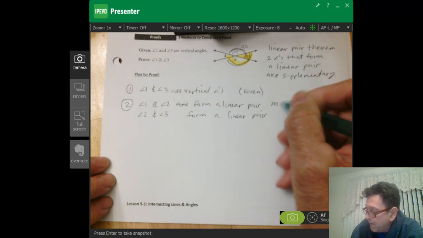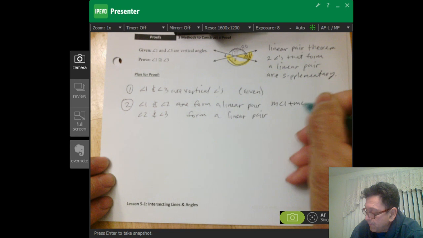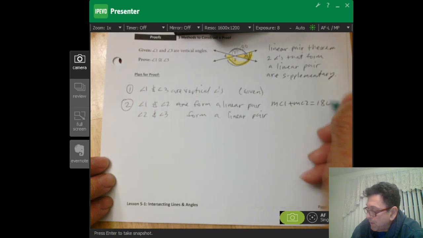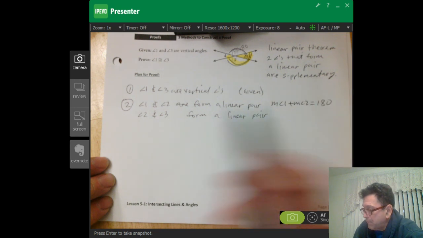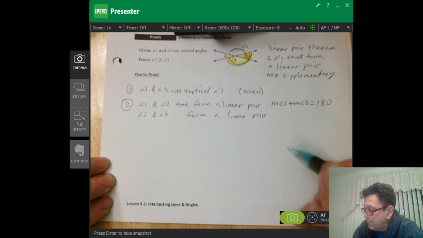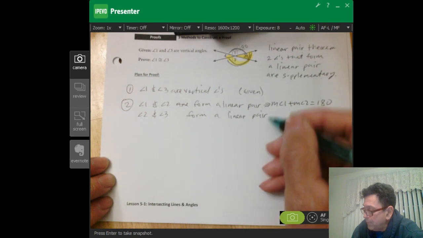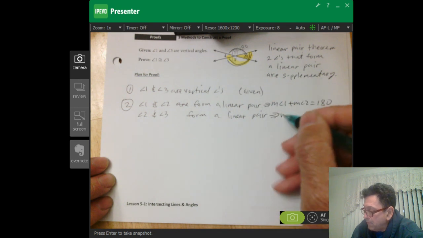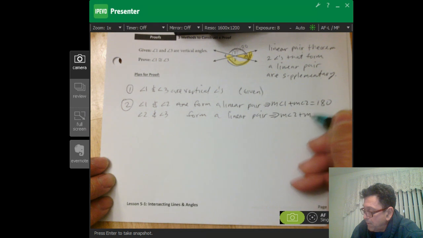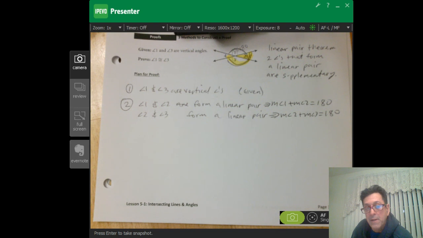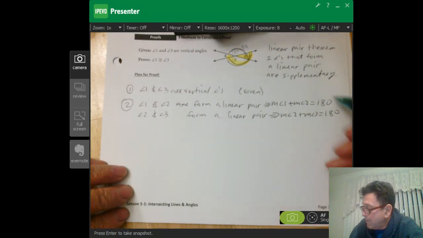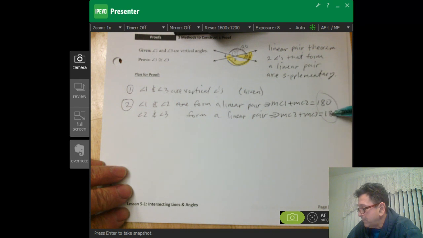So we know that the measure of angle 1 plus the measure of angle 2 has to be equal to 180, because it's a linear pair. That means they have to be supplementary. So we know that's true. We also know that the measure of angle 2 plus the measure of angle 3 also has to be equal to 180. Now, when we put these together, we notice that's the same, right?